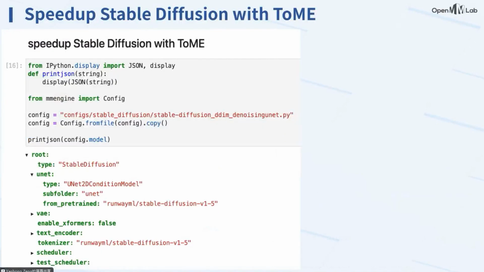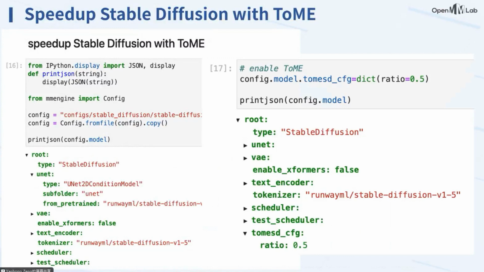To enable such a speed up in stable diffusion, we just need to pass the parameters of the ToMe configuration here. Here I show two screenshots. The left one is the original Stable Diffusion configuration file, and in the right one, we only need to enable ToMe by one line of setting.